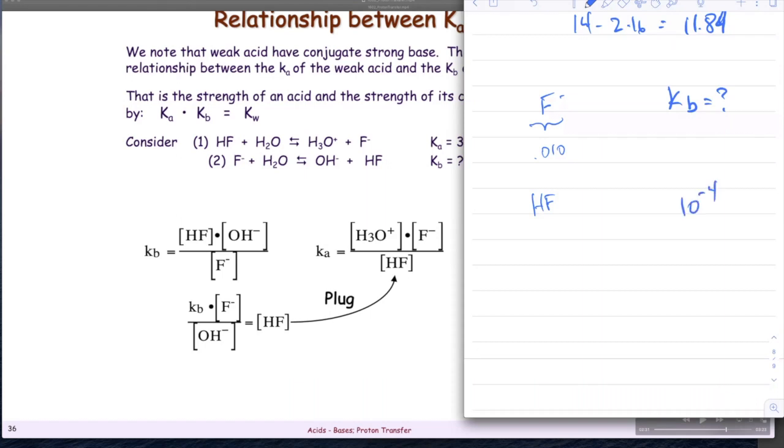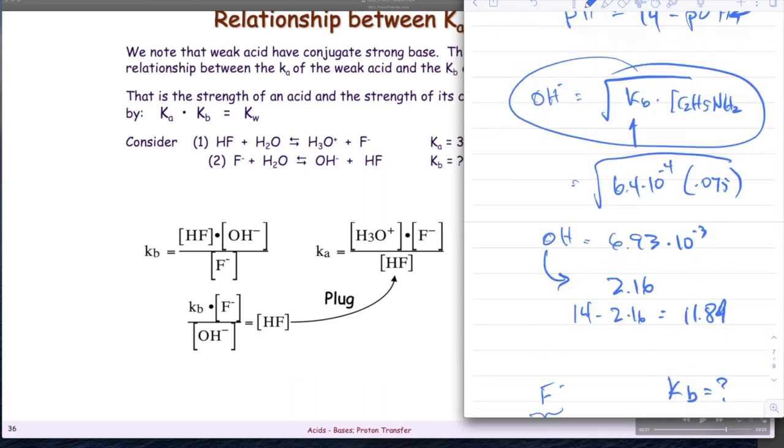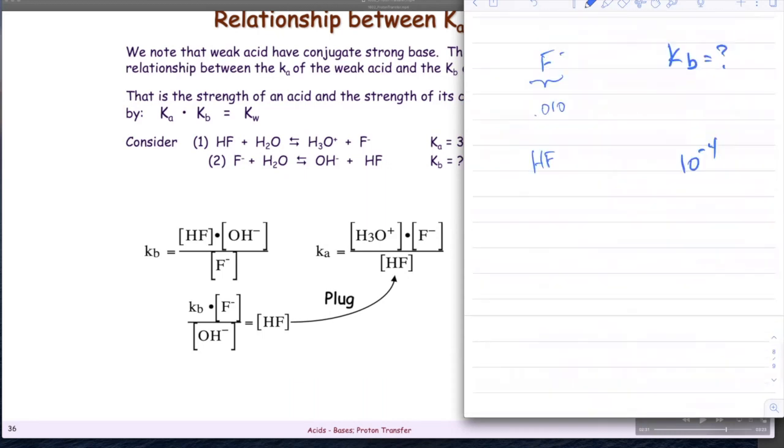I want to show you that the Ka and the Kb is equal to Kw. And that's what this derivation is.